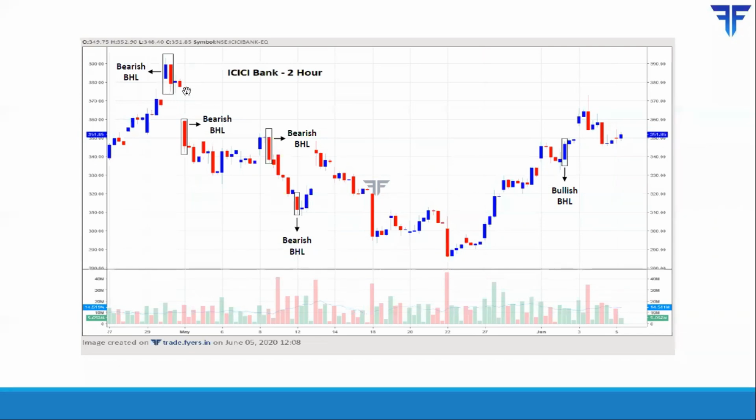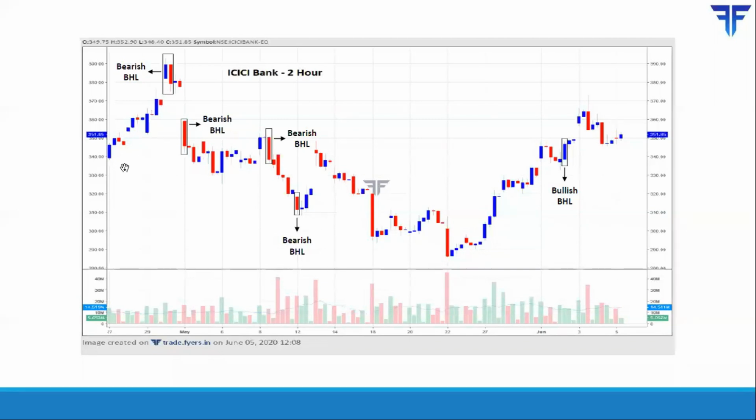As we can see in the subsequent hours, the high of ICICI Bank was not broken, and instead the low broke. And as you can see in the subsequent hours, price continued to fall.